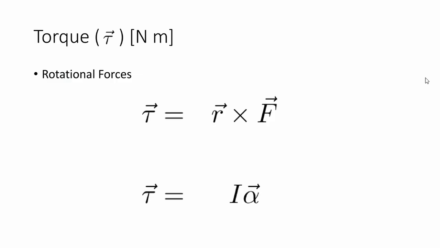Because remember, force is mass times linear acceleration. So if we take the rotational version of acceleration, which is angular acceleration, and we take the angular version of mass, which is moment of inertia, multiply them together, we'll get the angular version of force, which is torque.